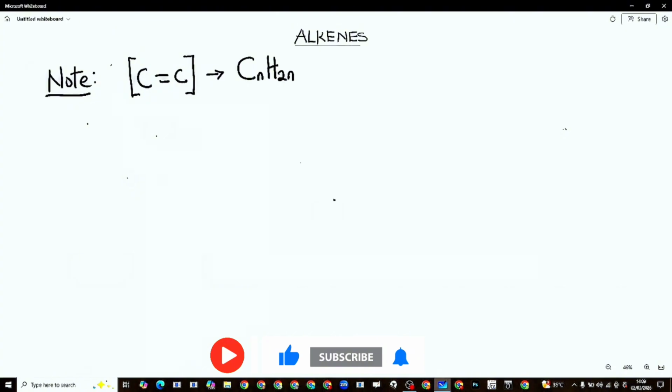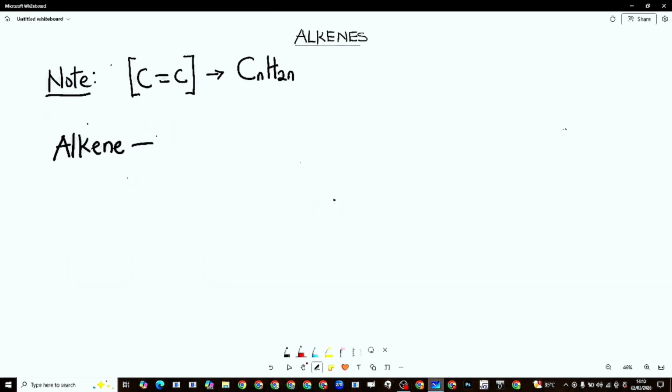But there's something important I want us to understand. Now write this down. The unsaturated hydrocarbons, which are the alkenes, this is very important. These unsaturated alkenes, they are isomeric with the saturated cycloalkanes.